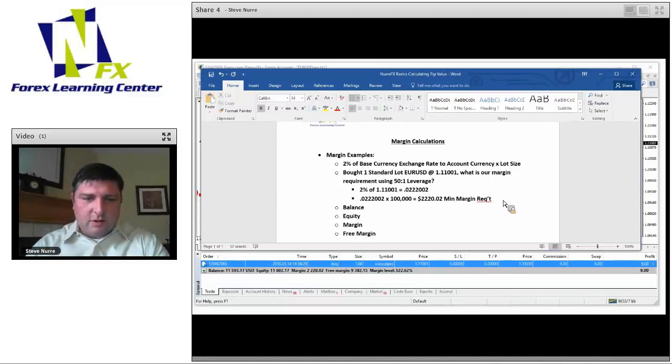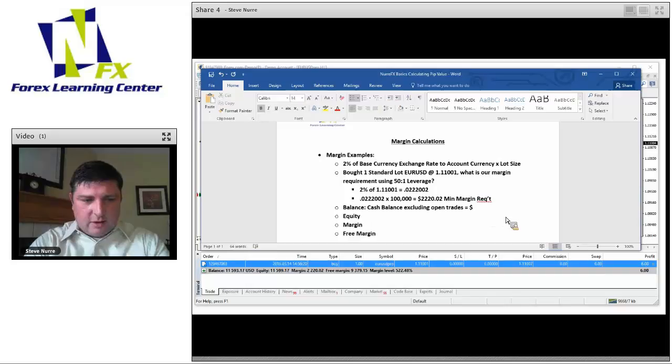We'll just use all of those as an example. What does your balance mean? Your balance is your cash balance excluding open trades.